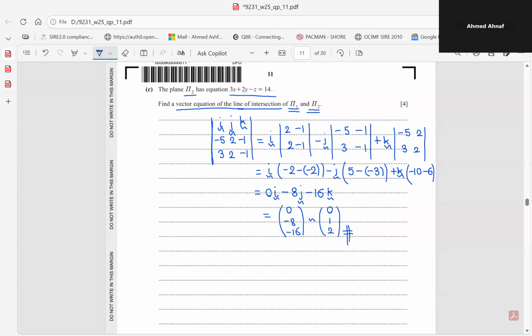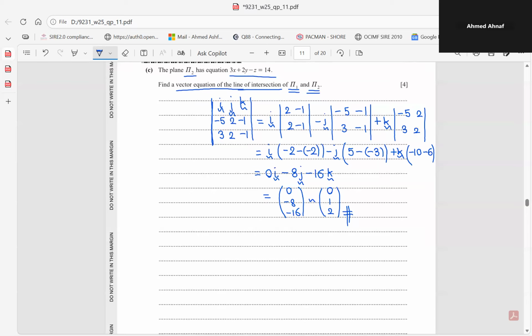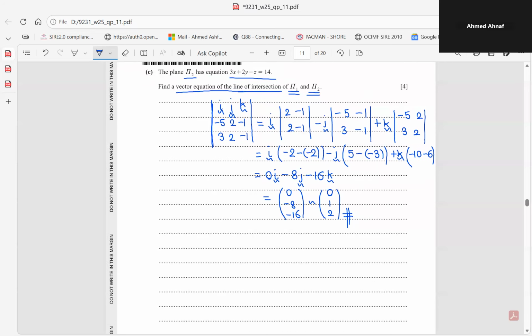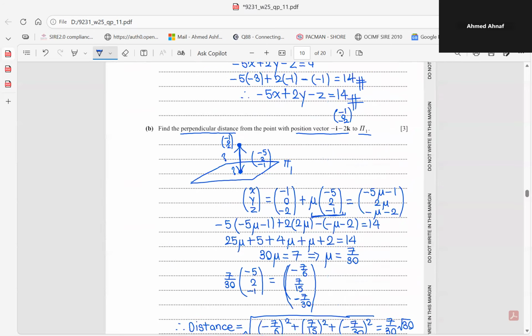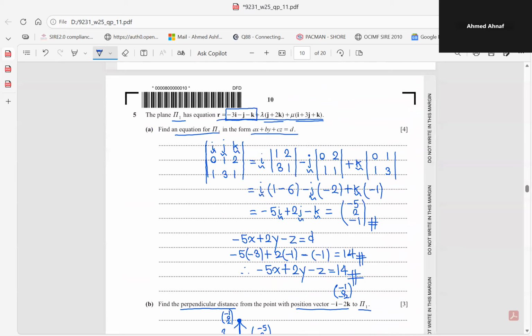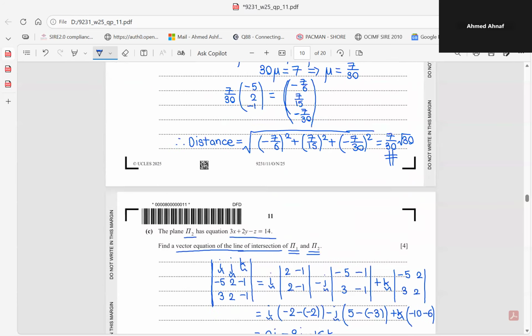Okay, so for the vector equation, there has to be a position vector of a point along the line, as well as the direction vector of that line. So now we need to find a common point between pi 1 and pi 2. Let's copy down the Cartesian equations of both planes.